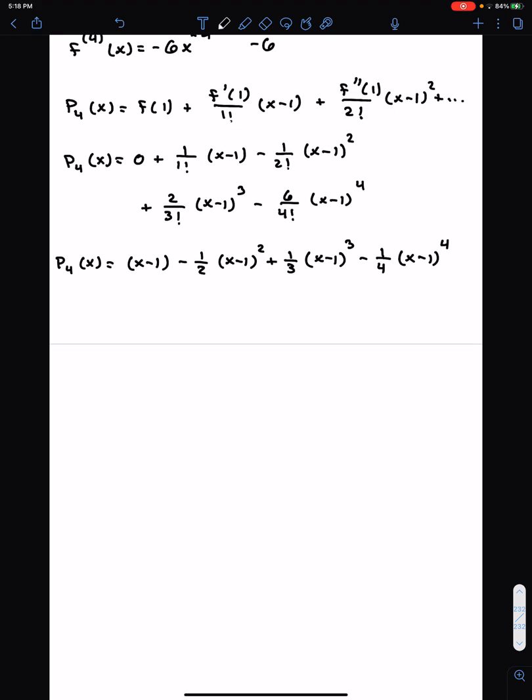The accuracy of these approximations is determined by this: the function is equal to the polynomial of degree n plus Rn of x, or the error in approximation.